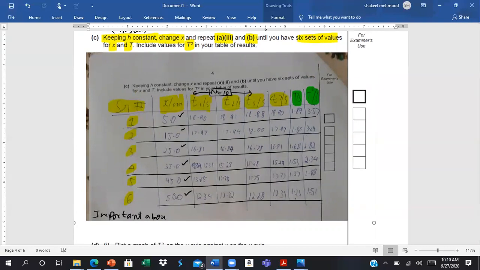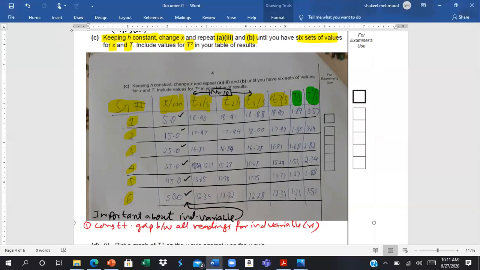Important about the independent variable. How do you know that you have to take readings from 5 to 55, or how much gap you have to keep between these readings? So beta, there should be a constant gap between the readings of the independent variable, which in this case is x.